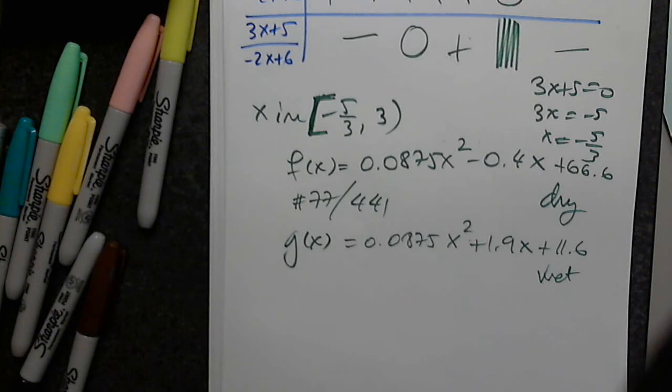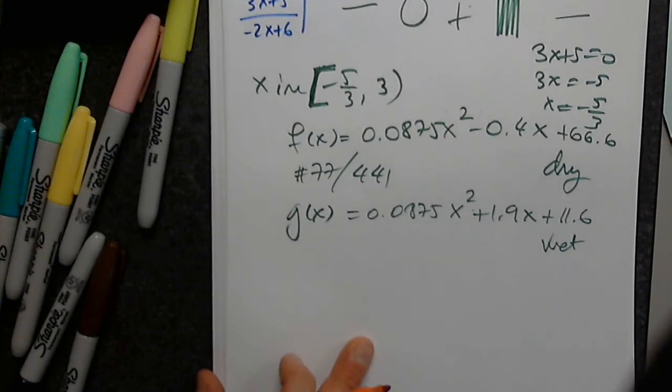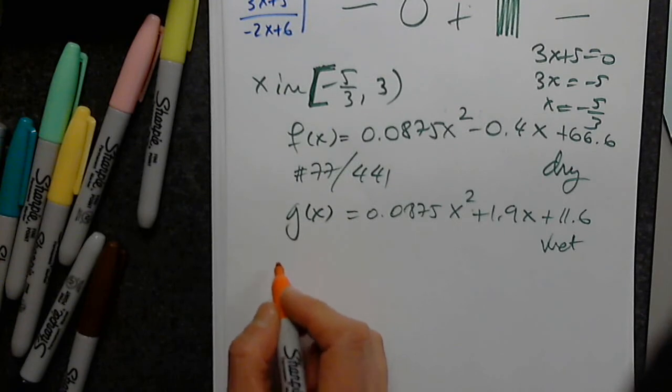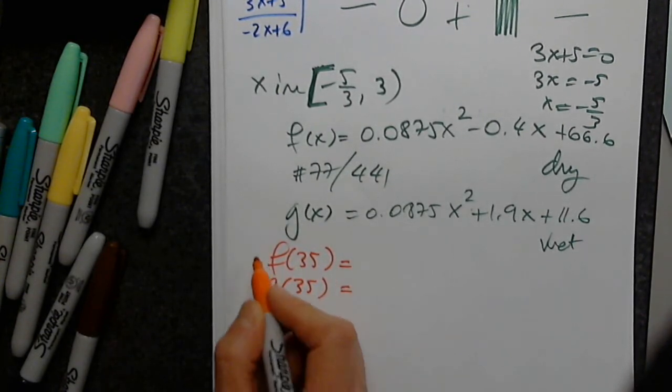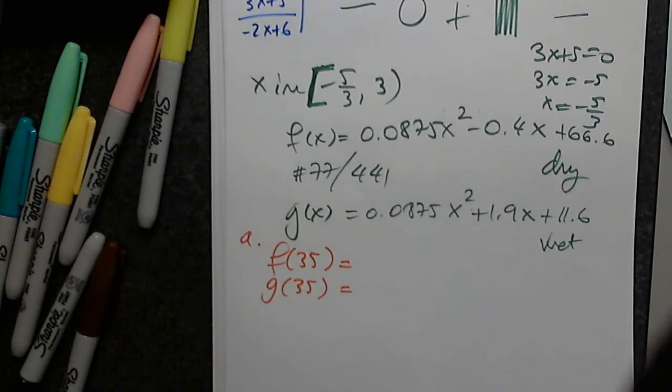So let's see what we are asked to do here. Part A, use the given functions to find the stopping distance when x is 35. So f of 35 and g of 35. So this will be part A. Based on our answers in part A, which rectangular coordinate graph shows stopping distances on dry pavement and which shows stopping distances on wet pavement?